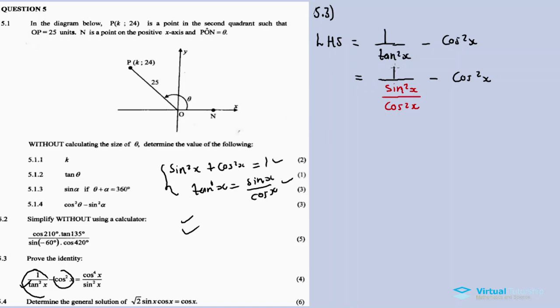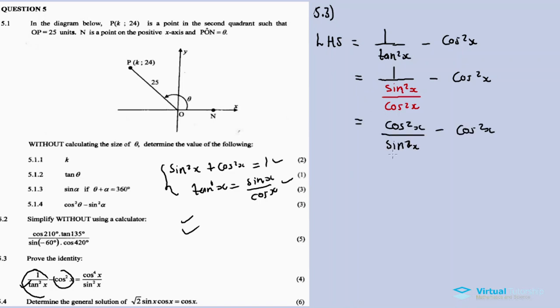Then we know that if you have a fraction in the denominator, what must you do? What must you do? The 1 is multiplied by the flipped fraction of the denominator, right? Then we get cos squared x over sine squared x.